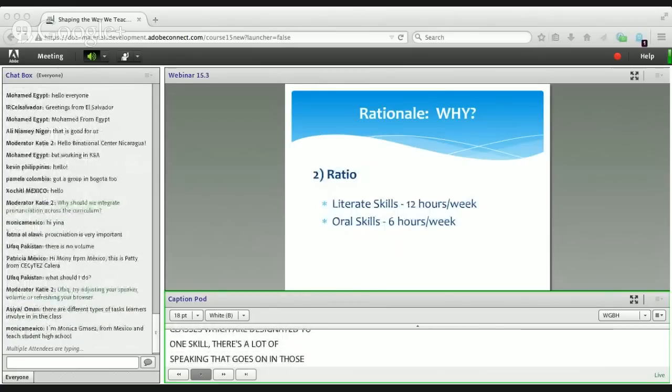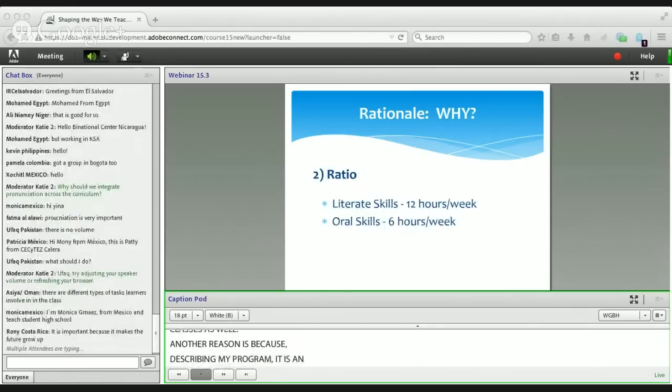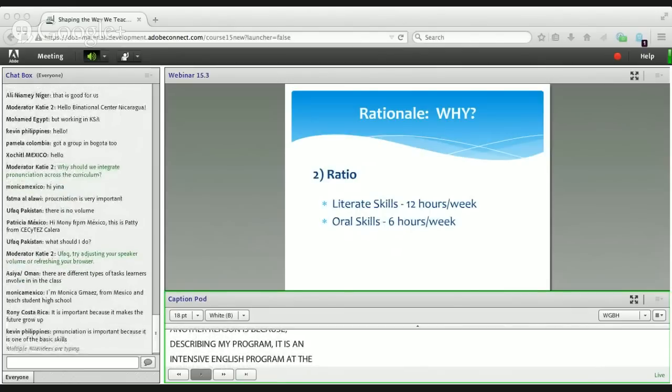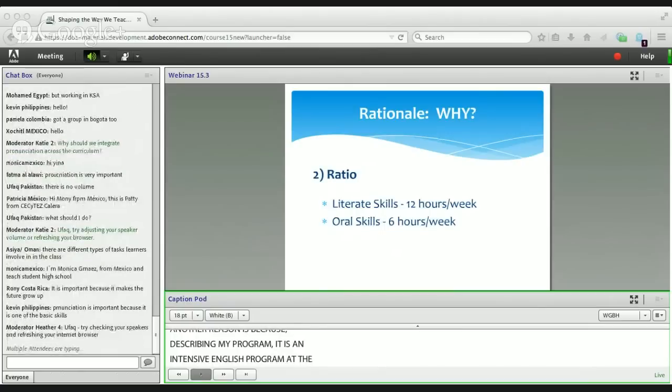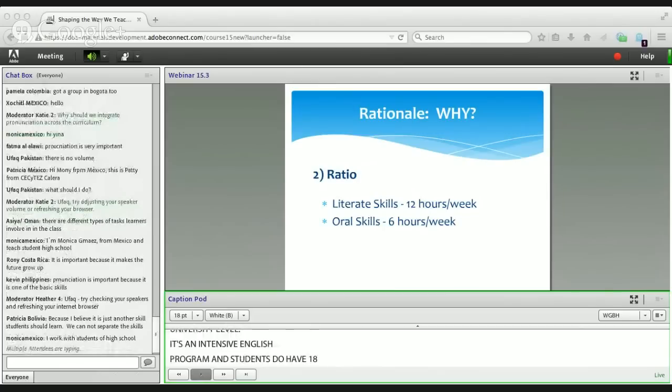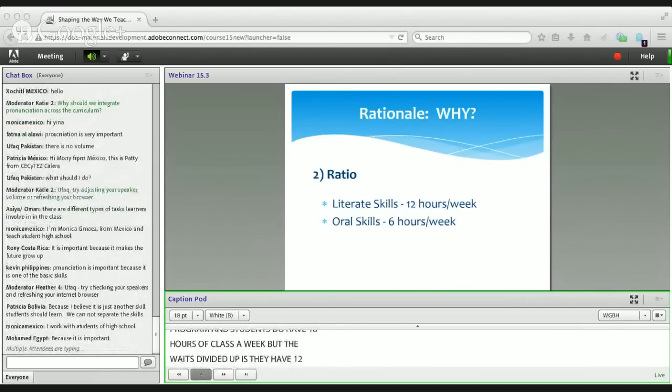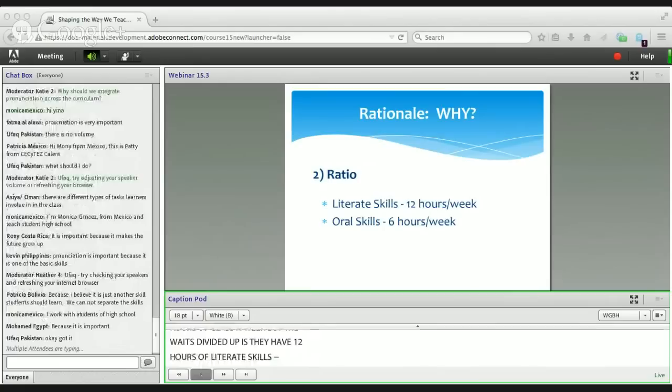Another reason is because, describing my program, it is an intensive English program at the university level, and students do have 18 hours of class a week, but the way it's divided up is that they have 12 hours of literate skills, reading, writing, grammar, and 6 hours of speaking and listening courses.